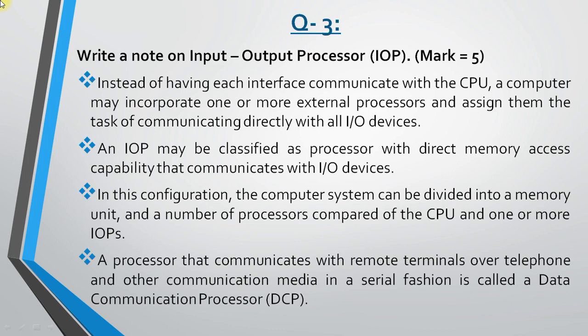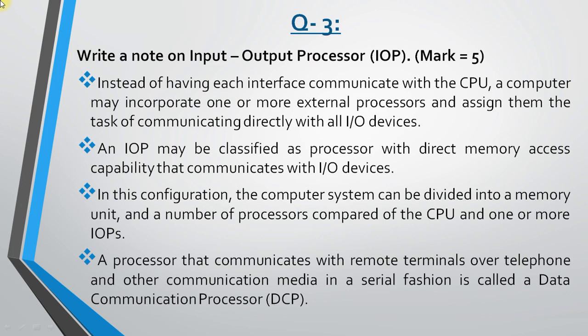Now you can classify the IOP as a processor with DMA which is capable of communicating with input output devices. In this configuration, the computer system can be divided into a memory unit and a number of processors comprised of the CPU and one or more IOPs.